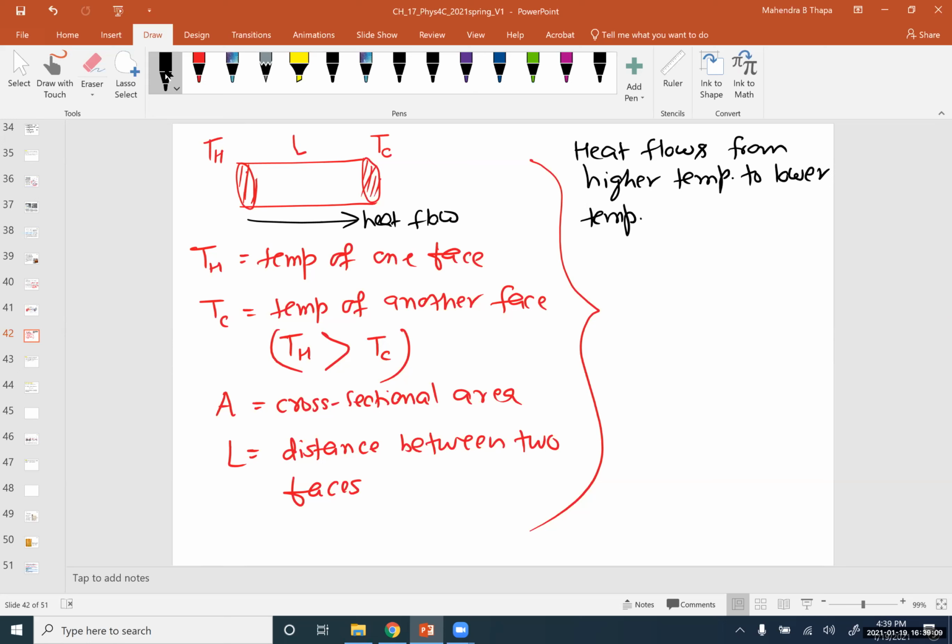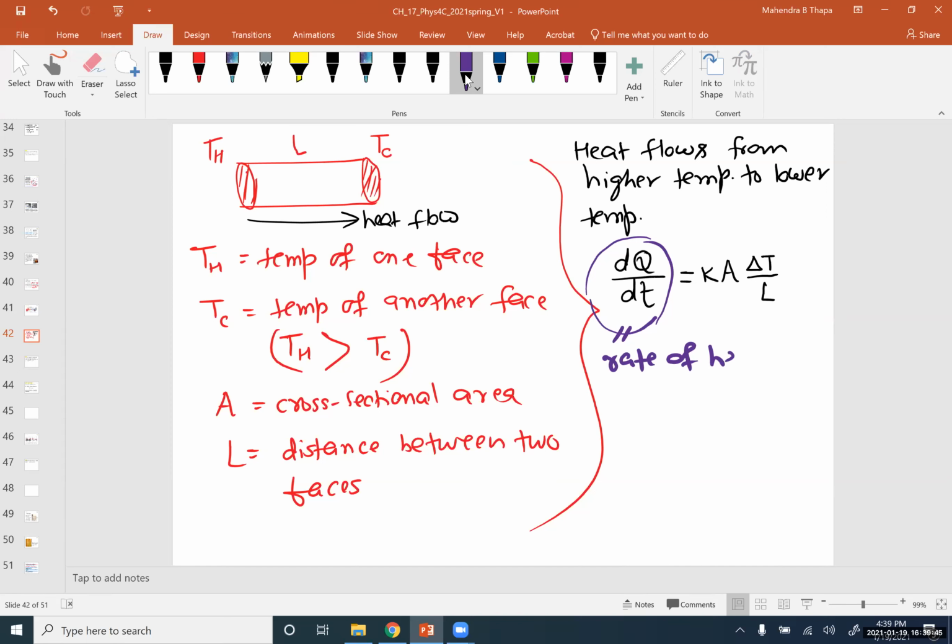So the rate of heat flow, dQ over dt, will be equal to k times A times change in temperature delta T over L. Here dQ over dt is the rate of heat flow, meaning heat flow in 1 second.